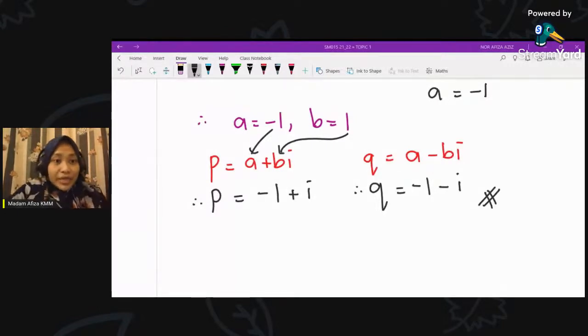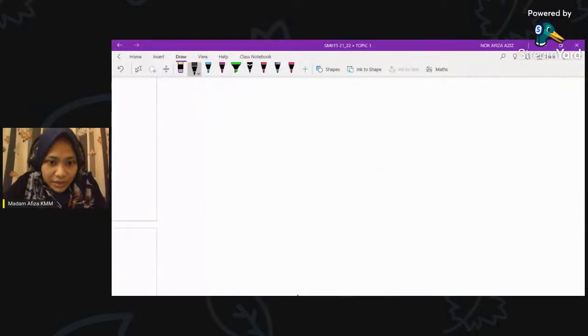Okay, Madam akan teruskan dengan contoh yang seterusnya. Mari kita lihat apakah soalan yang seterusnya. Kenapa dia tak boleh detect ni?